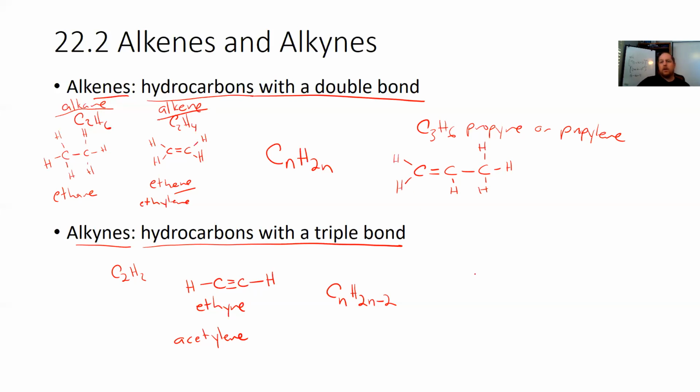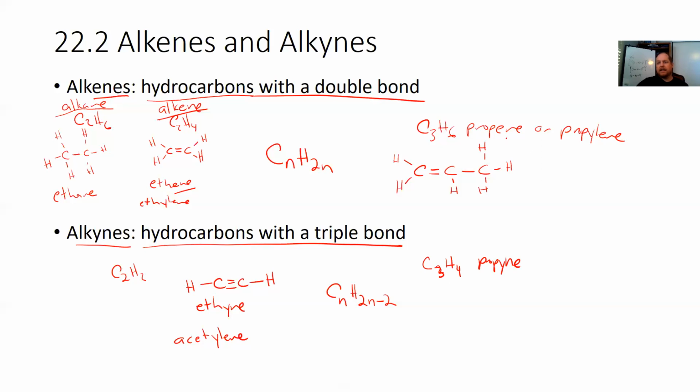Or you can say propyne, which would be C3H4. Shoot, I totally did this wrong. This should be propene up here, with the ene ending, and this should be propyne with the yne ending. Sorry to confuse you on that one.